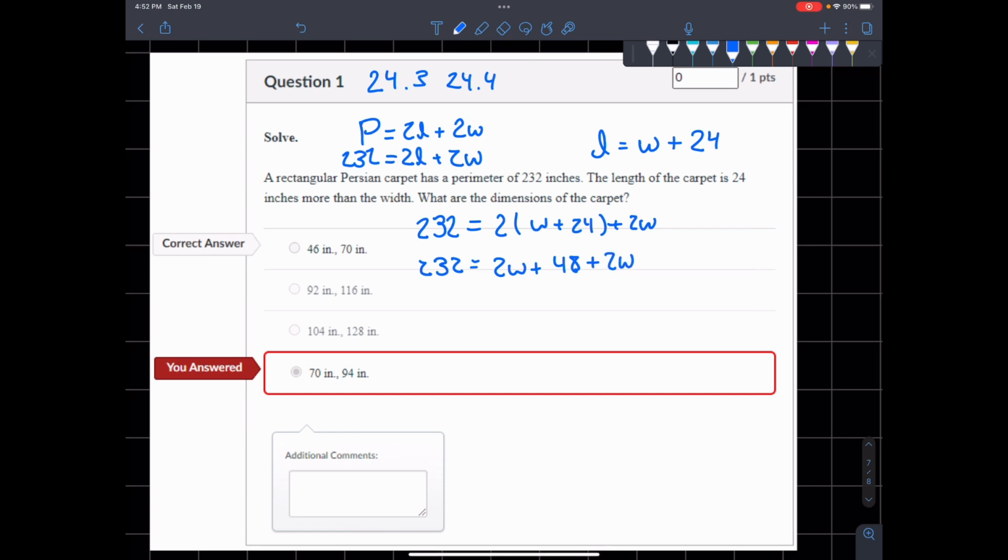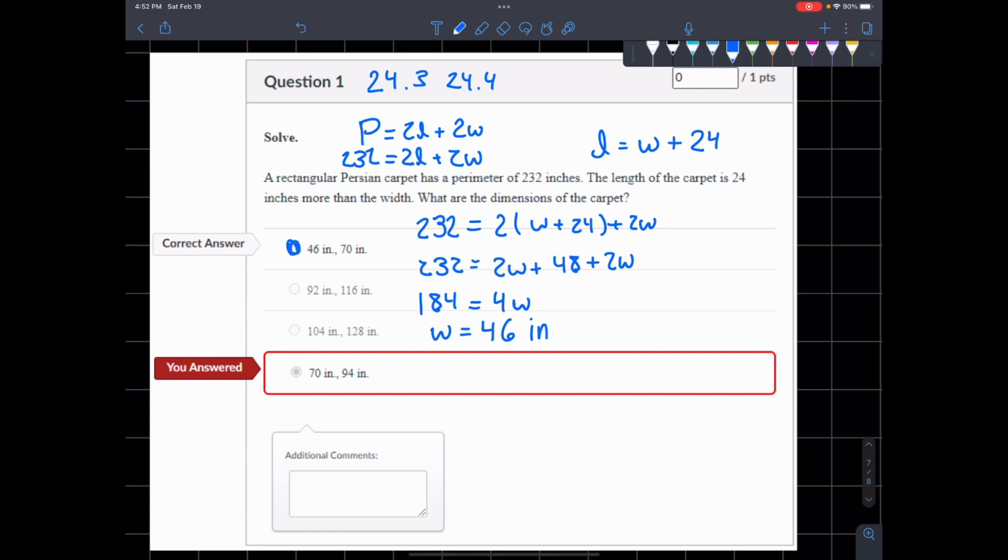Awesome. Let's subtract 48 from both sides. That's 184 equals 4w. And so then 184 divided by 4 is going to be 46. And since we are talking about inches, this is going to be 46 inches.